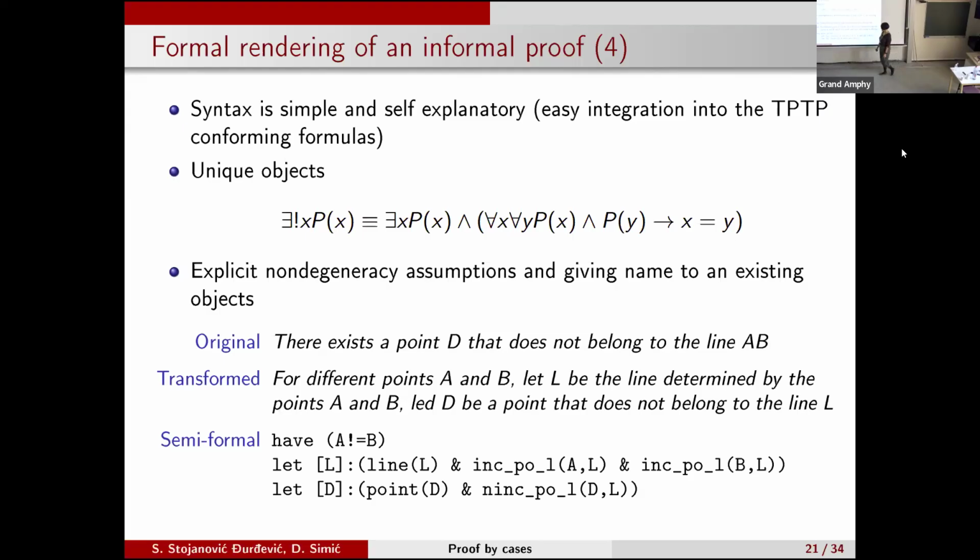And then we need to construct point D such that it doesn't lie on it. Basically this is just one sentence. This is just to notice that we are expanding natural language proofs, but I would say by a bit. I think that this is acceptable because this is the minimal amount of information, you cannot use less.